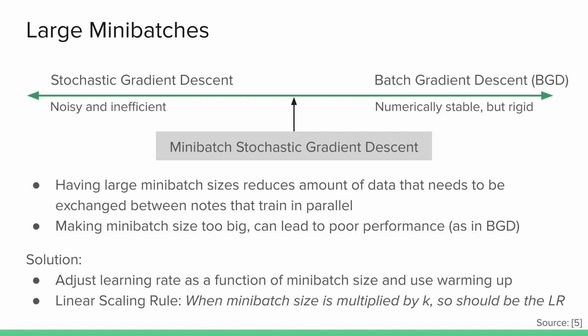So what you can do is adjust the learning rate as a function of the mini-batch size, which is something that you should definitely do. And you might even use something called warmup. There is a rule of thumb that you can remember: if you increase your mini-batch size by k, you should apply the same factor to your learning rate.